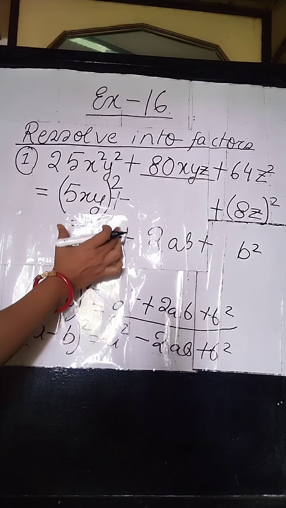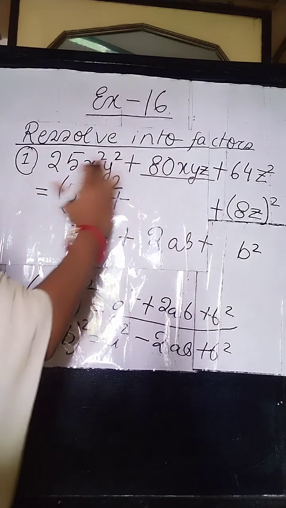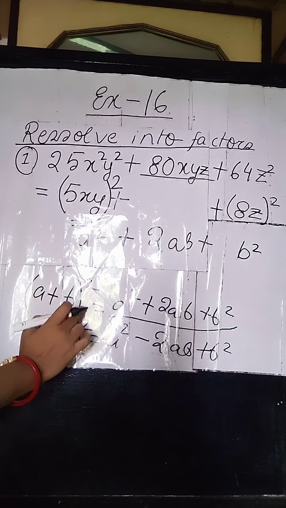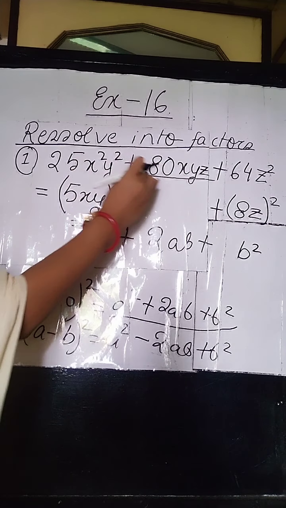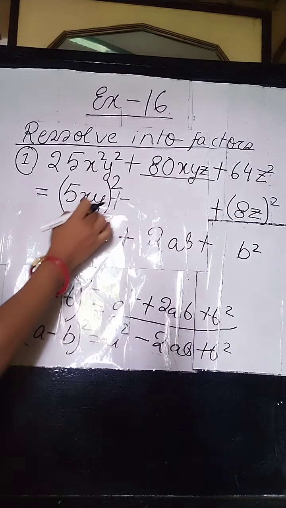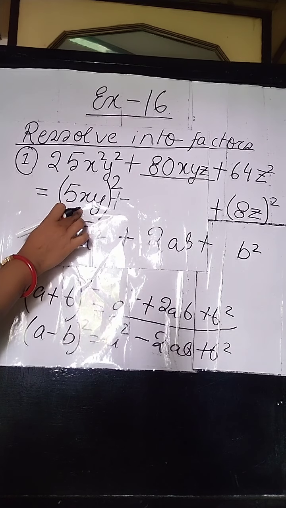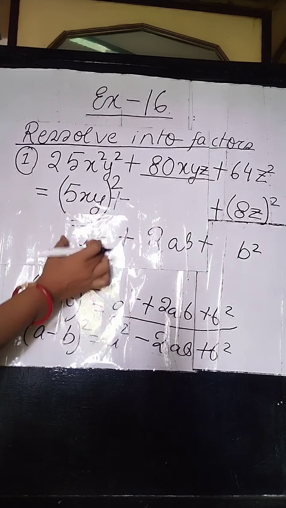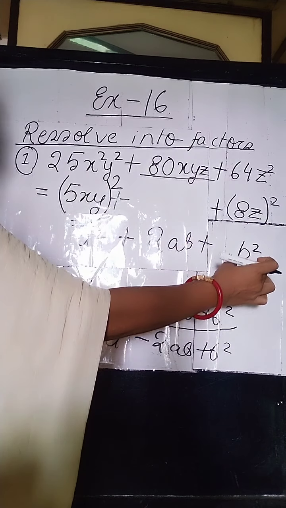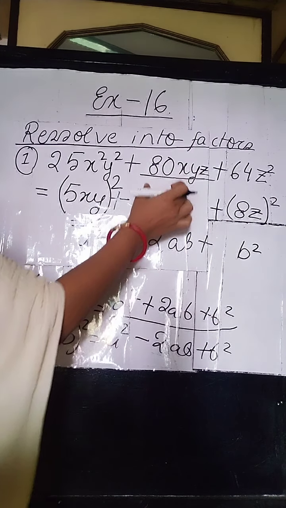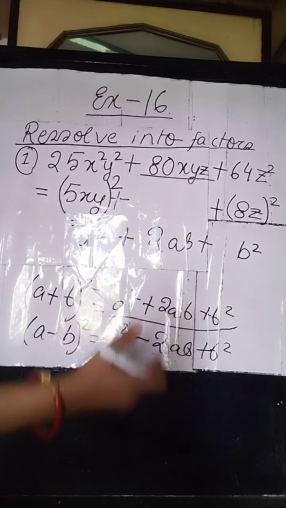If we try to relate this with the formula a plus b whole square, then this is nothing but a square plus 2ab plus b square, because we are considering 5xy whole square as a square and 8z whole square as b square. Then the middle term must be equal to 2 into a into b.